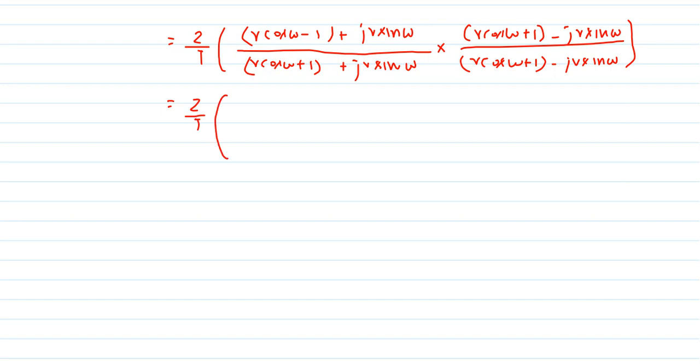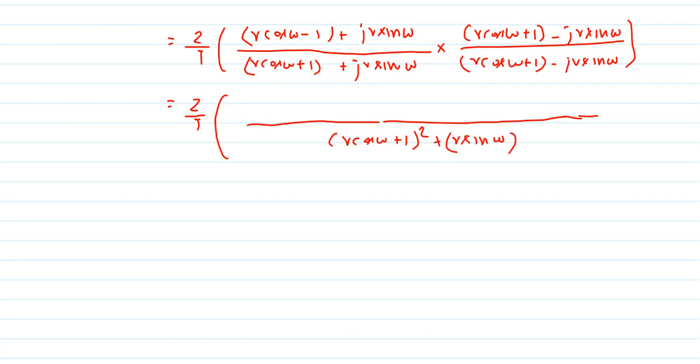So now the next step: what happens to the denominator? The denominator is (a + jb)(a − jb), so this will become (r cos ω + 1)² + (r sin ω)².